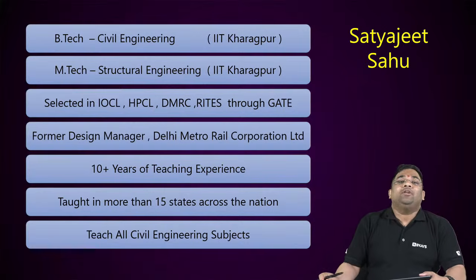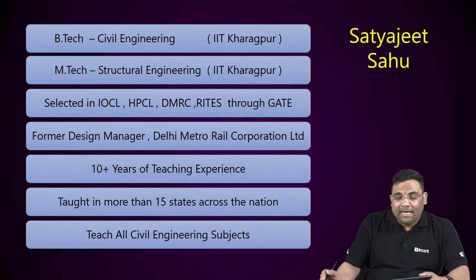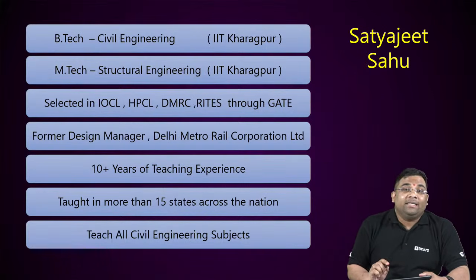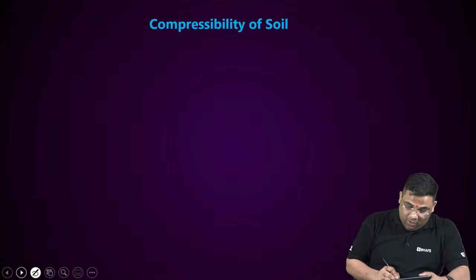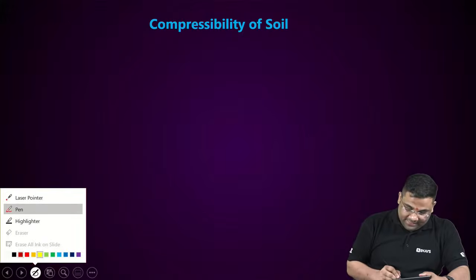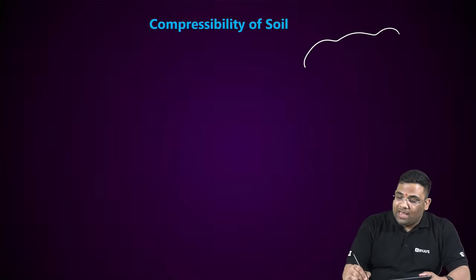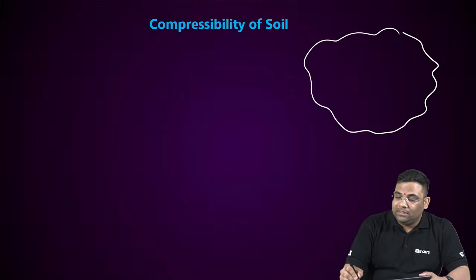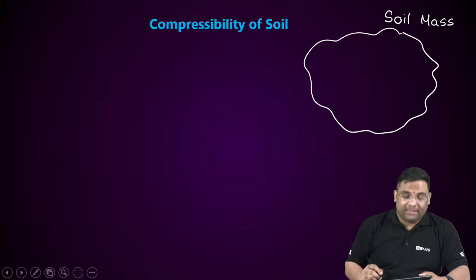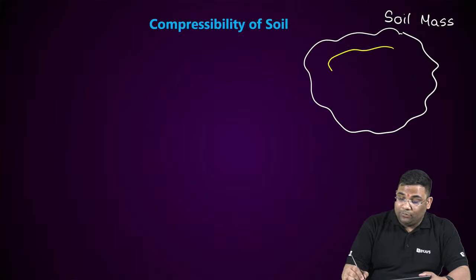Before going into the topic of consolidation, let us see what is compressibility of soil. When I say compressibility of soil, suppose we have a soil mass. If you are applying some additional stress, what will happen to this soil mass? The volume of this soil mass will reduce.